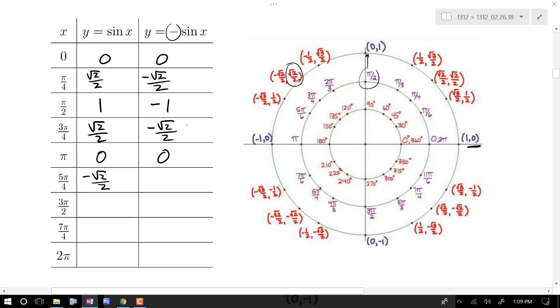Does that answer your question? It seems like it's the same as pi over 4. Yeah, it is the same as pi over 4.